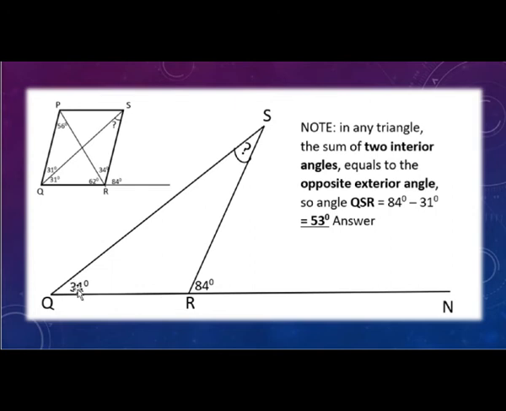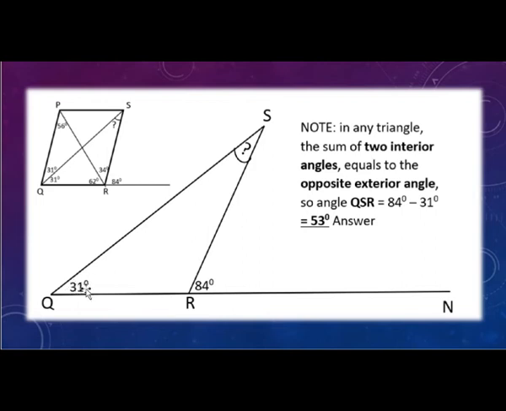So if I add this interior angle plus this interior angle here, which we don't know, the sum should be the same as the opposite exterior angle. This is an exterior angle and it's equal to the sum of these two opposite interior angles.